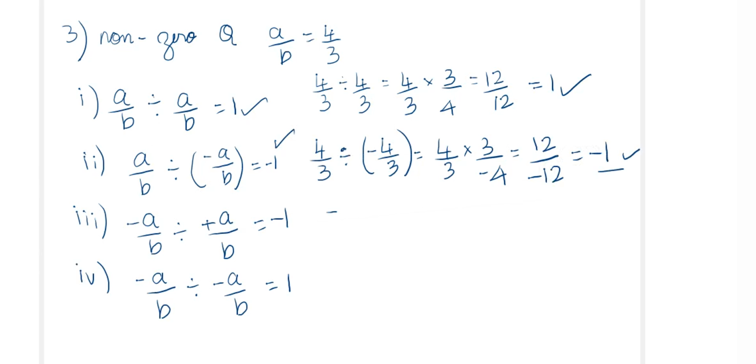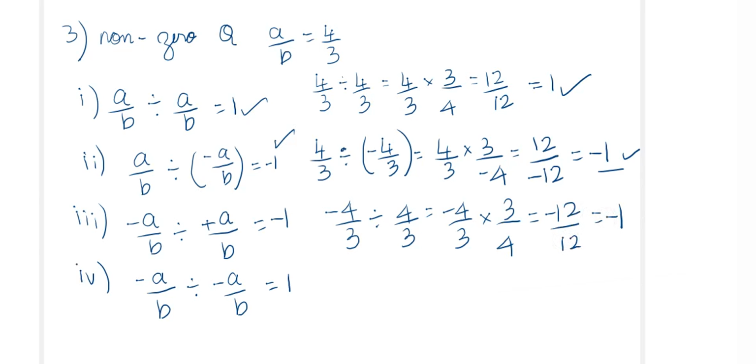And the next one is minus 4 by 3 divided by 4 by 3. So this is nothing but minus 4 by 3 into 3 by 4. So it's minus 12 by 12, which is again equal to minus 1. So here also we get the same answer.